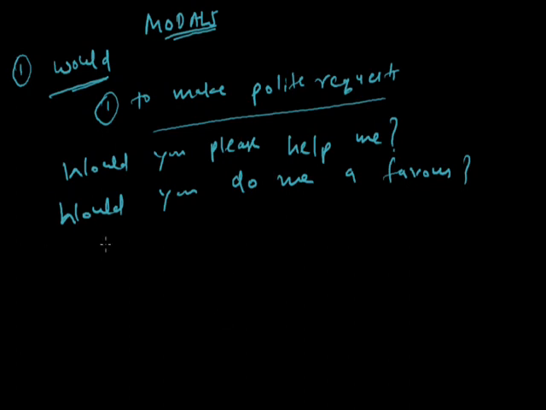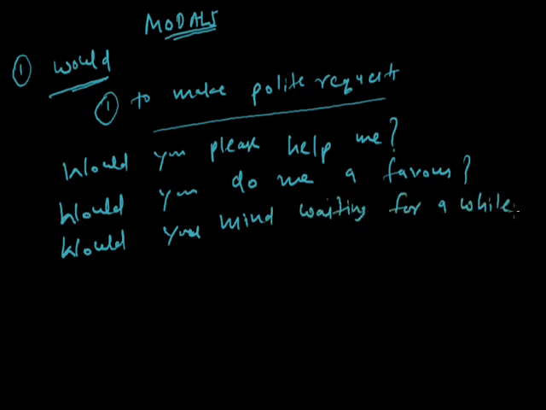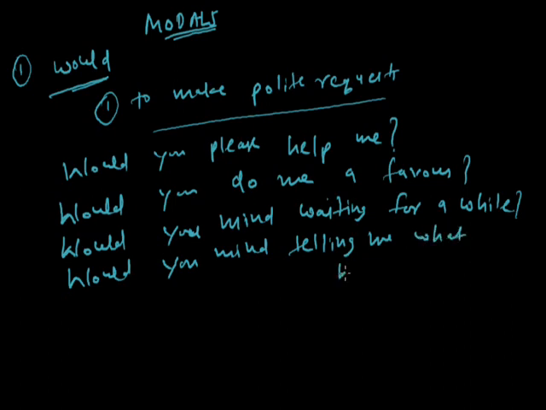Yet another example, would you mind waiting for a while? We can say, would you wait for a while? And we can also say, would you mind waiting for a while? Would you mind telling me what happened there?